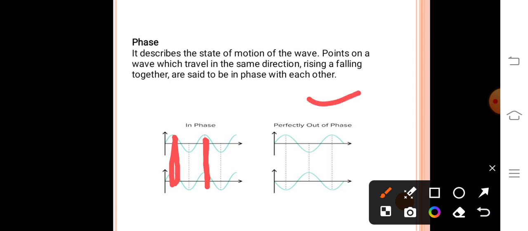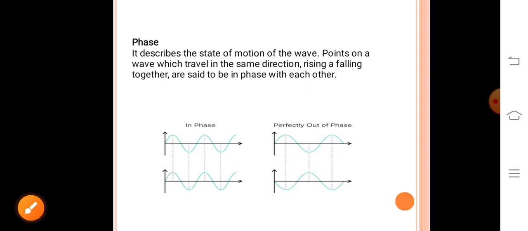In another graph we see that the rising and falling points of the waves travel in directions that are not the same. They are opposite to each other. So we say that these waves are perfectly out of phase.